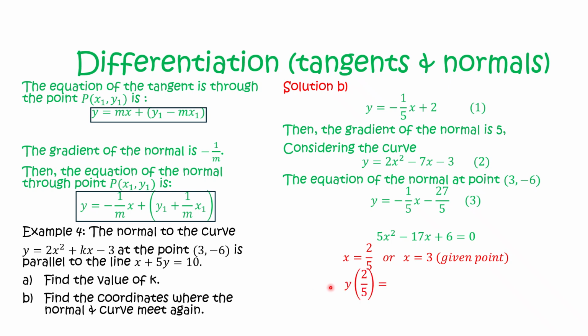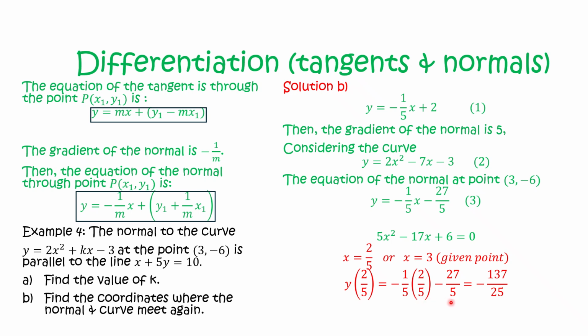Now, proceeding. In order for me to find the y coordinate, what I would have to do is substitute the x value in either equation 2 or equation 3. So I choose to use the linear equation, equation 3, because it's simpler.